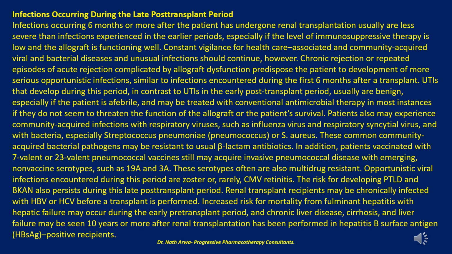In addition, patients vaccinated with 7-valent or 23-valent pneumococcal vaccines still may acquire invasive pneumococcal disease with emerging, non-vaccine serotypes, such as 19A and 3A. These serotypes often are also multidrug resistant.